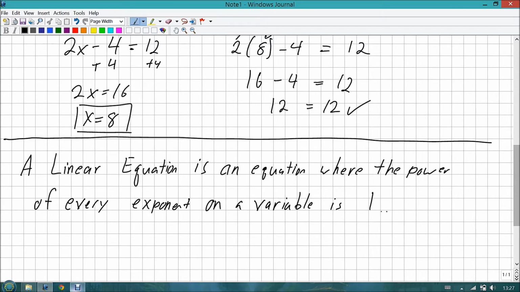I'm going to put the number 1 right there. There. Because we are number 1. Yay! All right, so a linear equation is an equation where the power of every variable is 1.